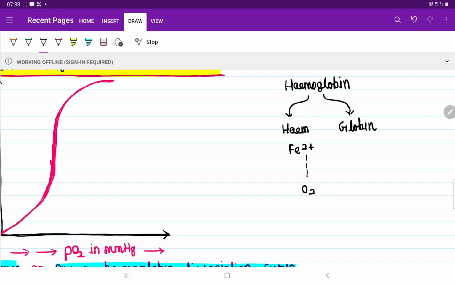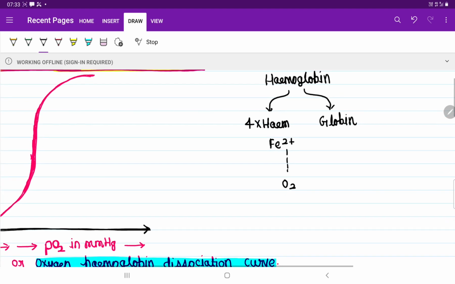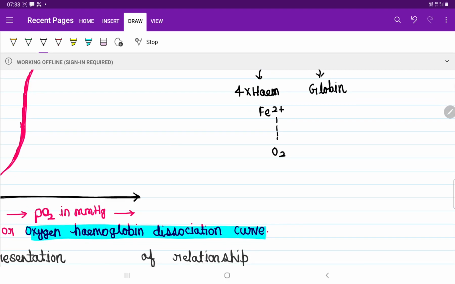In one hemoglobin molecule a total of 4 heme are present. So if there are four heme, it can bind with a total of 4 oxygen molecules. Or in another way, it can bind with 8 oxygen atoms. Then there is the globin part.